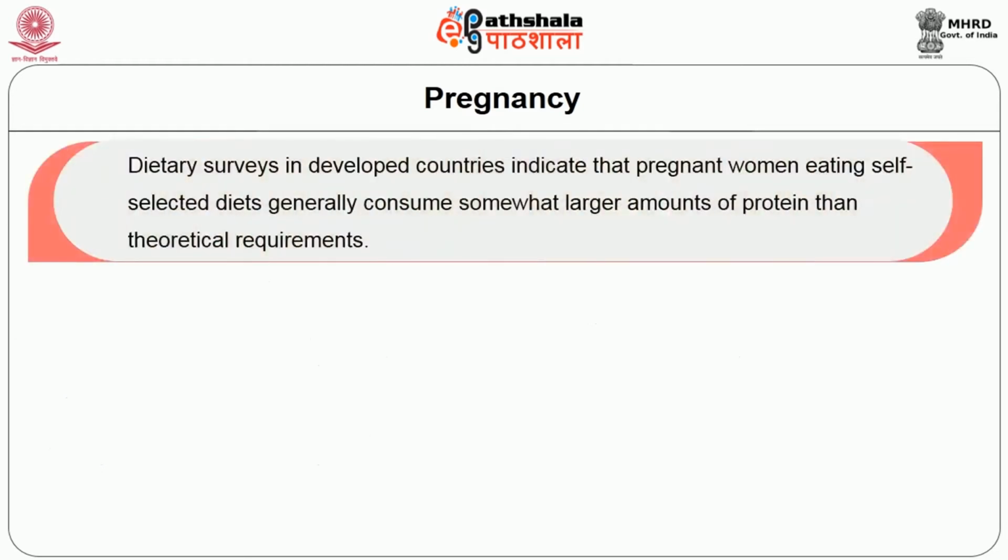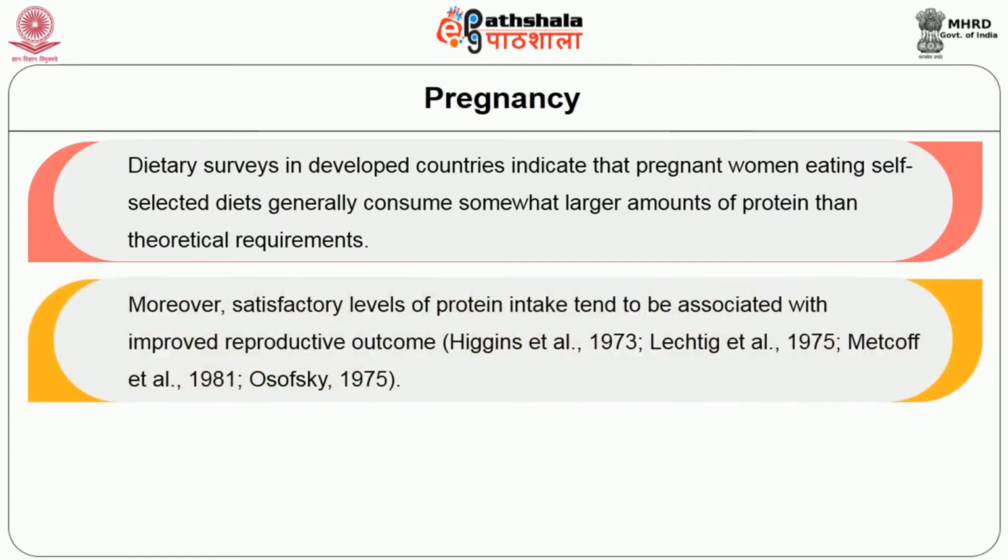Dietary surveys in developing countries indicate that pregnant women eating self-selected diets generally consume somewhat larger amounts of protein than theoretical requirements. Moreover, satisfactory levels of protein intake tend to be associated with improved reproductive outcomes.